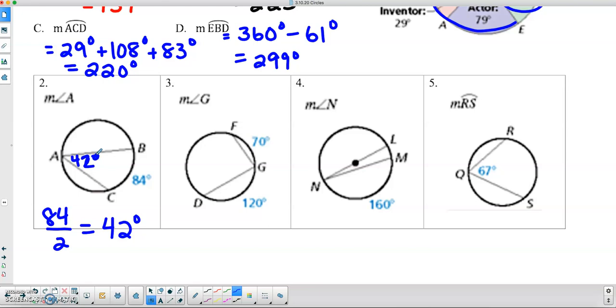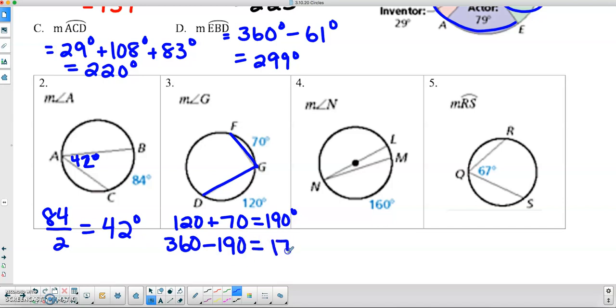Okay? For the measure of angle G now, because it is gearing us towards the arc of DF, we need to figure out how big that arc is. So what we can do is add 120 plus 70 to equal 190 degrees, and then subtract that from 360. So 360 minus 190 is equal to 170.